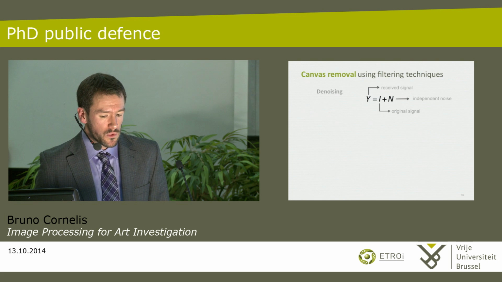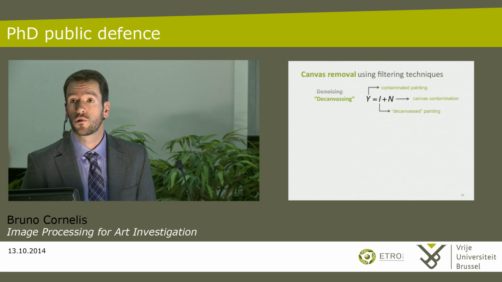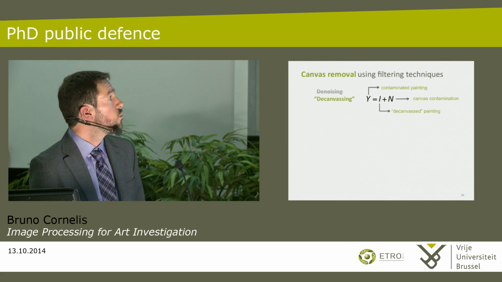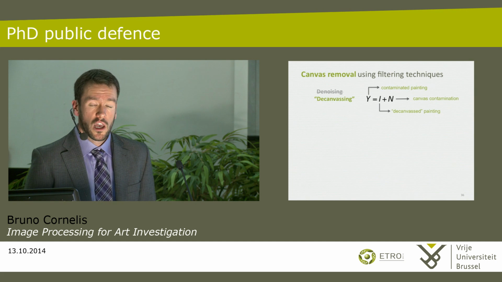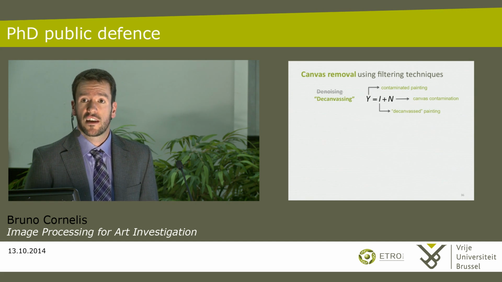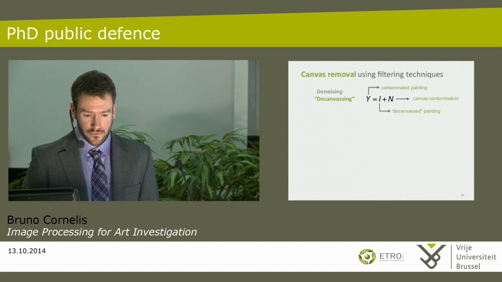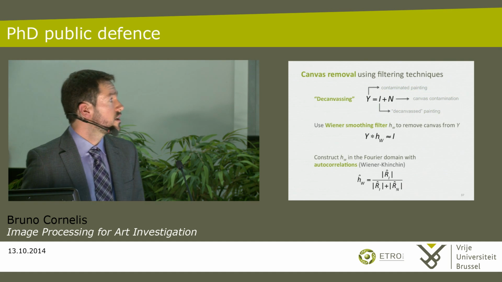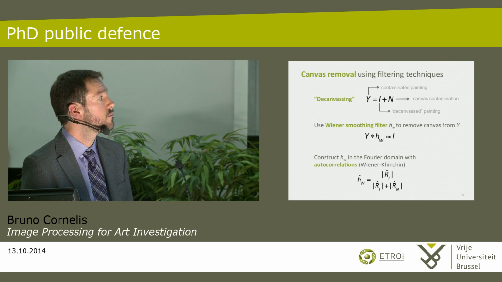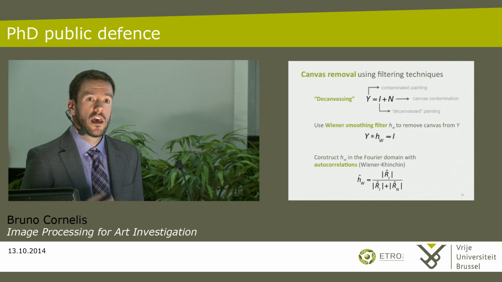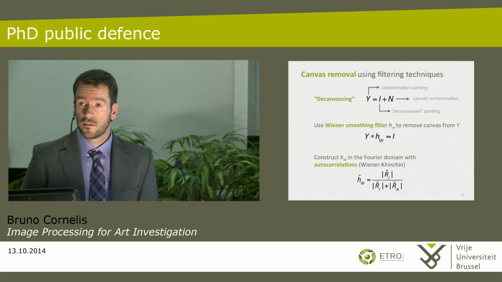We decided to change terminology somewhat, and we don't talk about denoising anymore, but about decanvassing, where our contaminated painting is a superposition of a canvas-free component, or a decanvassed painting, and an independent canvas contamination. So the filter we decided to create is called the Wiener smoothing filter, and when you apply it to this contaminated painting, it gives us an as close as possible representation of the image without canvas.